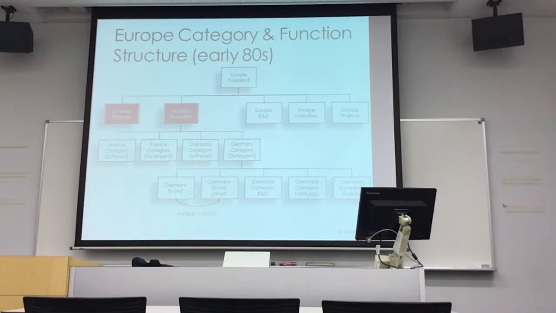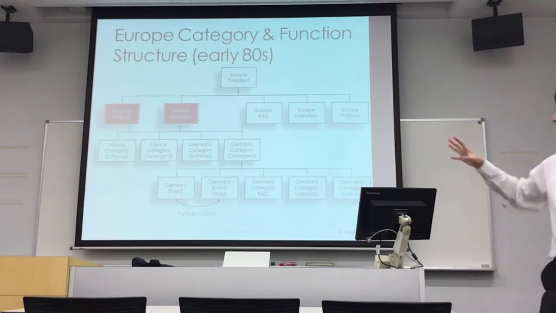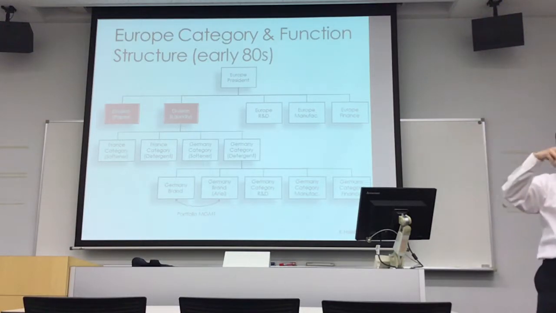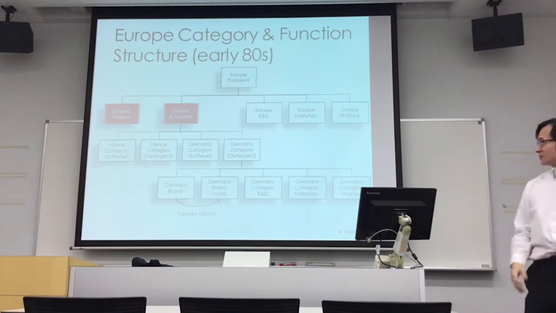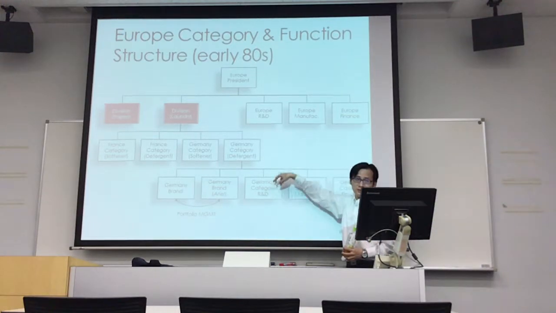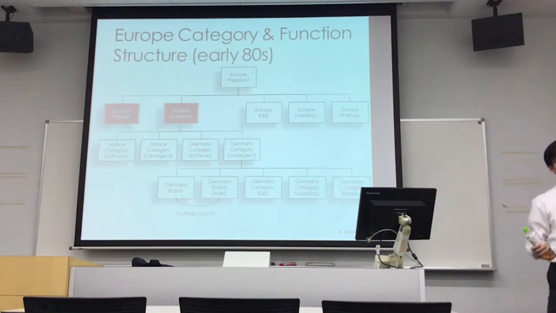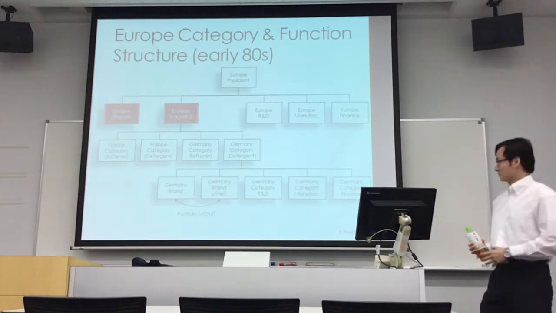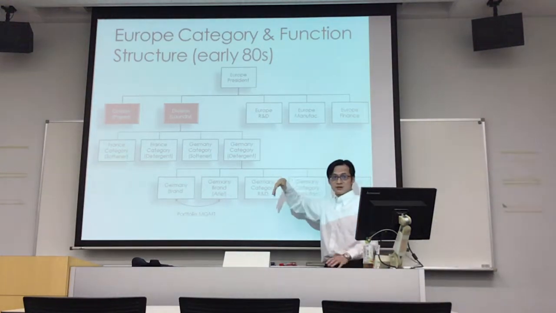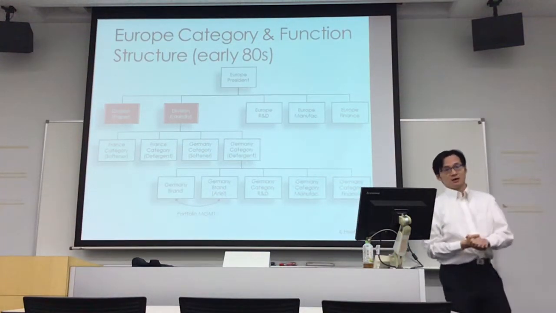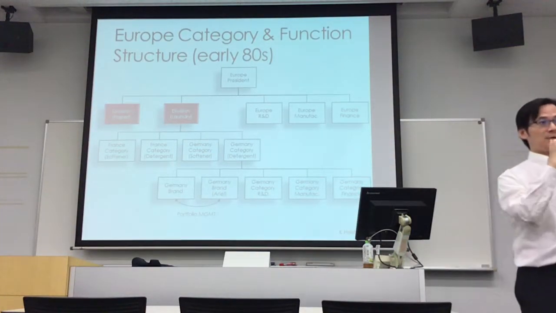Back at that time, most of the R&D, manufacturing and finance resources were probably concentrated in the US. So the connection within Europe was not that essential. What is more important is how you collaborate with the US. So that probably explains, at least partially, why they did not try to establish a dashed line relationship within Europe, across the hierarchies.